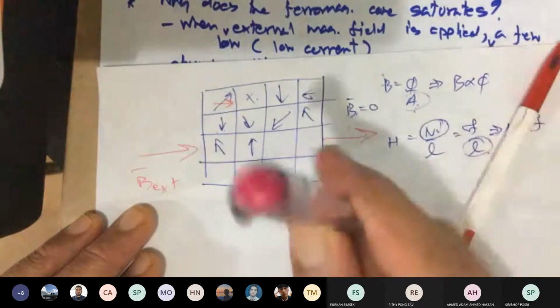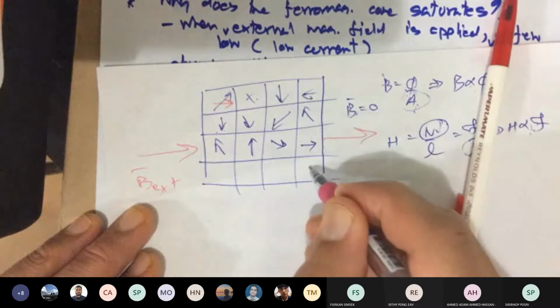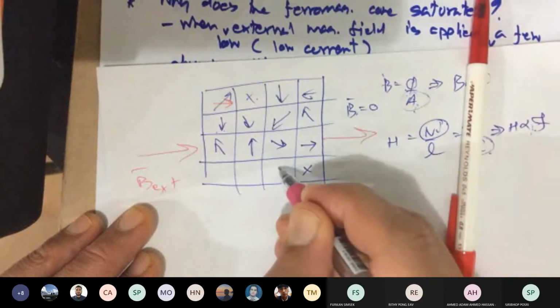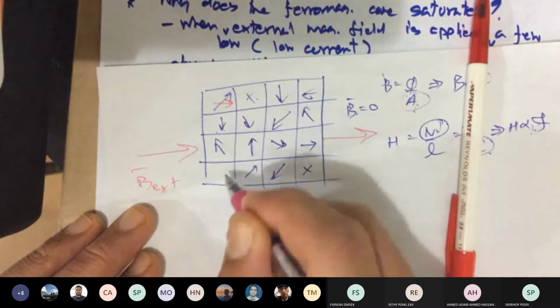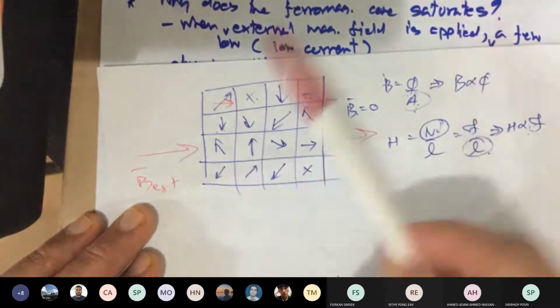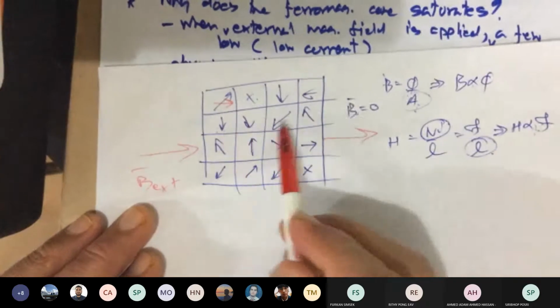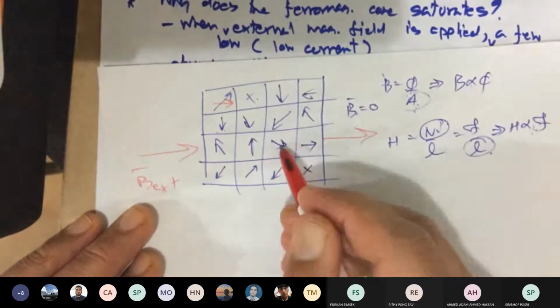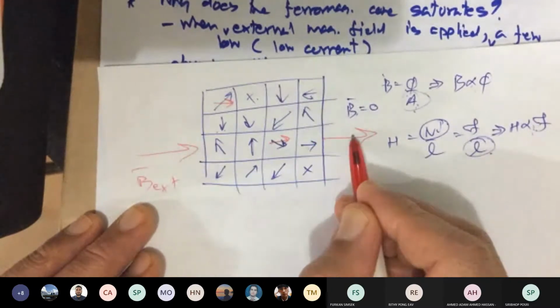Let's do another one here. So that one's going to go, stay, stay, stay, stay, stay, stay. Everything except this guy. This one's going to change. This one is already in the same direction.